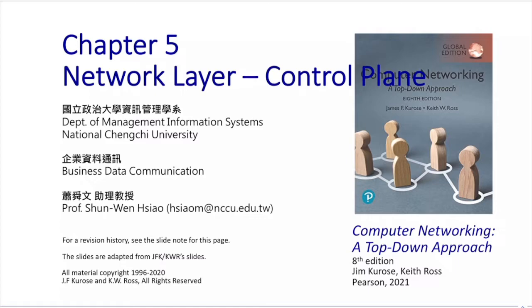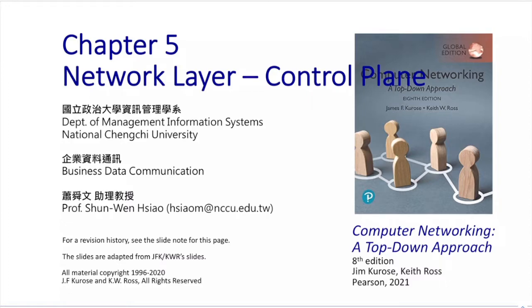This hour will introduce another topic in the network layer called the control plane. We have already talked about the two different planes of the network layer: the control plane and the data plane. The data plane is used to forward packets when they arrive at the router, and the router has to decide which port it needs to forward them to.